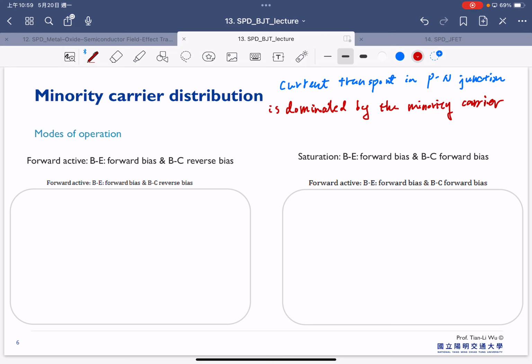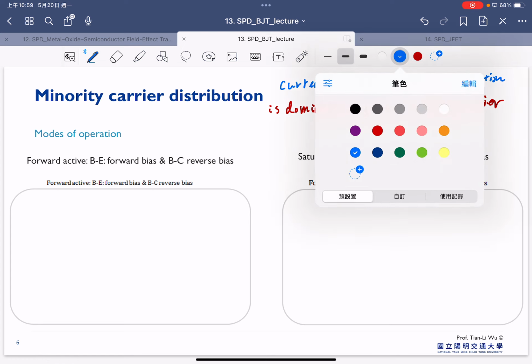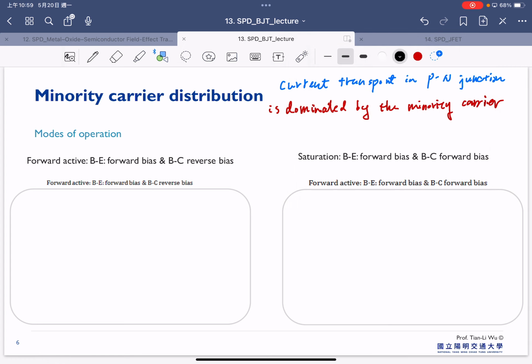So first, we have to analyze the minority carrier distribution in the case of forward active, which is forward bias in the base emitter junction and reverse bias in the base collector junction. In this analysis, you need a little patience, because this is pretty unique to the BJT, and sometimes it's easy to get lost because of the complicated drawing here.